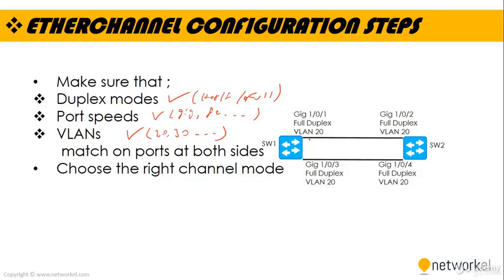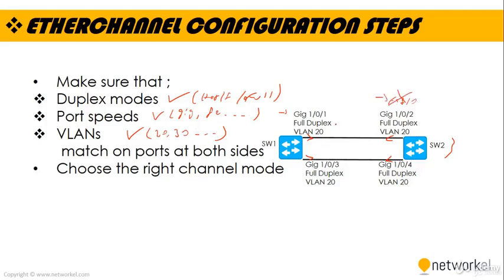Okay guys, let's say that we have 4 separate ports on each of the 2 switches, as you can see here, gig 0/1 and gig 0/3 for switch 1 and gig 0/2 and 0/4 for switch 2. If I'm using a gig port on this side, I should not use a fast Ethernet port on this side.